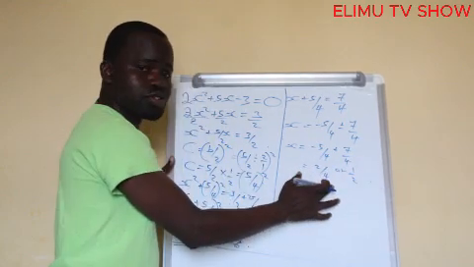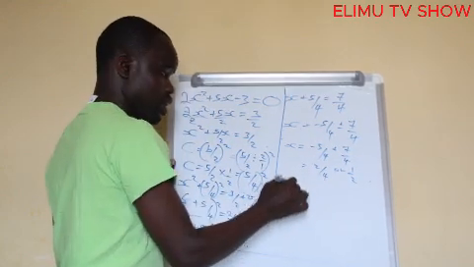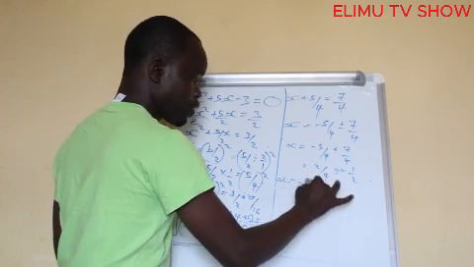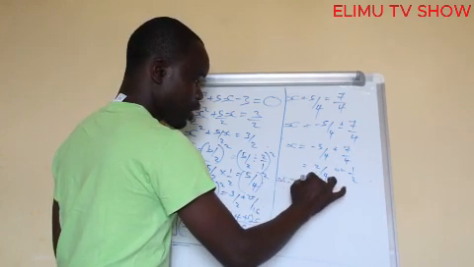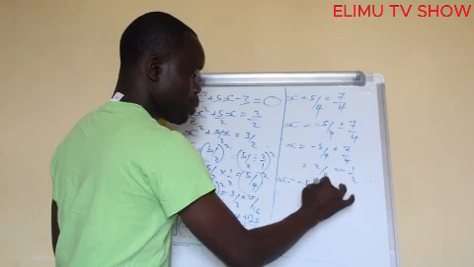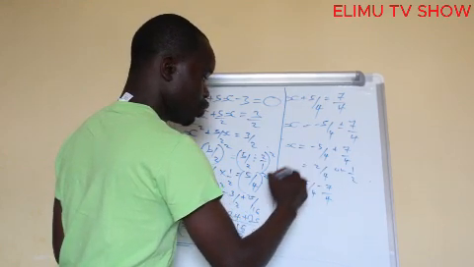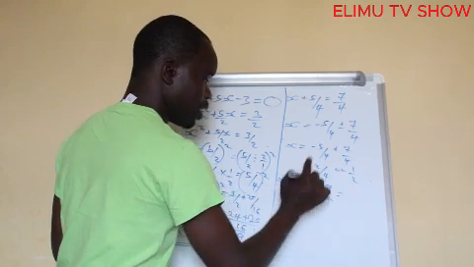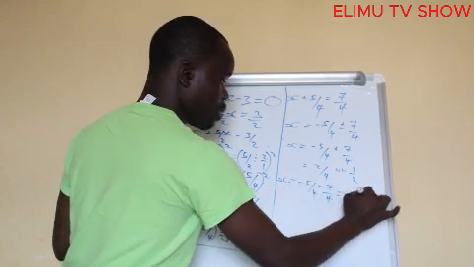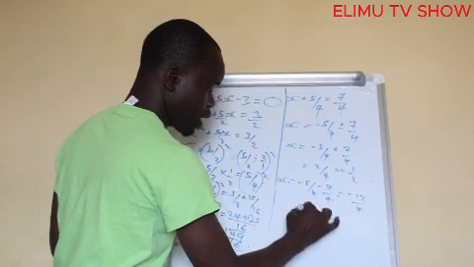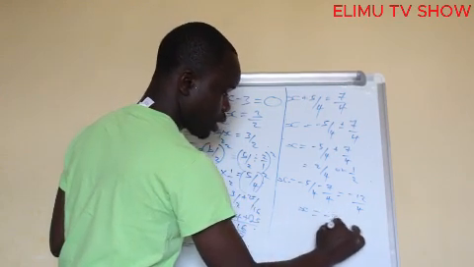So this becomes our first x. Our second x is equal to minus 5 over 4 minus 7 over 4. So what are we going to have? Minus 5 minus 7 becomes minus 12 over 4. So our x here is equal to minus 3.